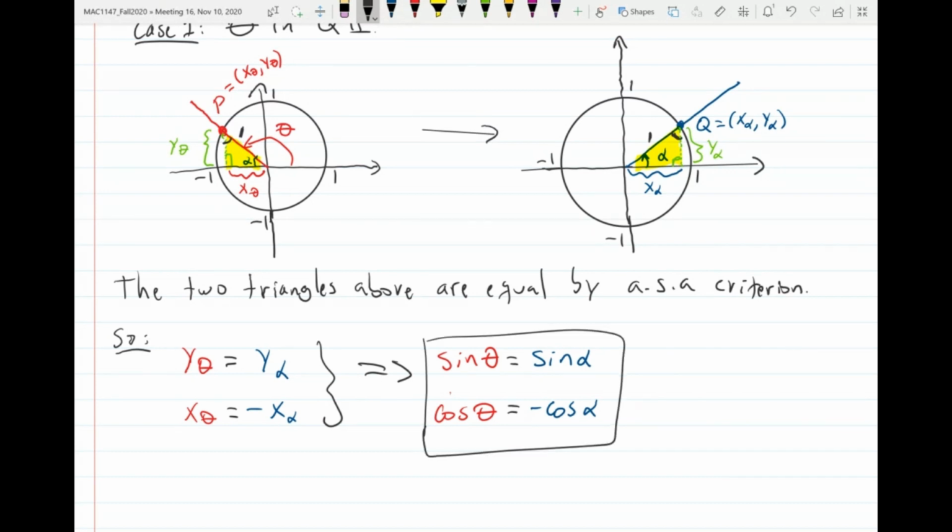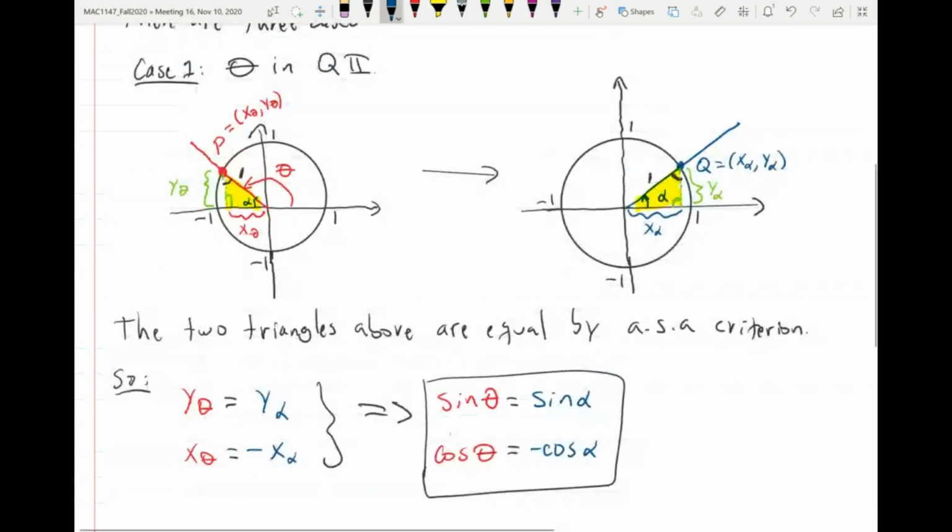You guys okay with this? Did you understand this? Okay, so that's what we get in quadrant 2.